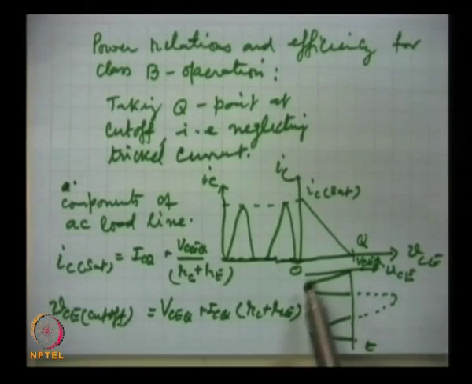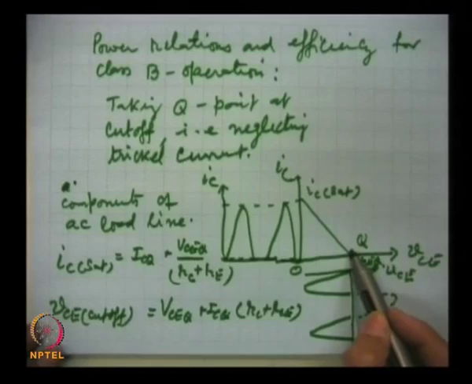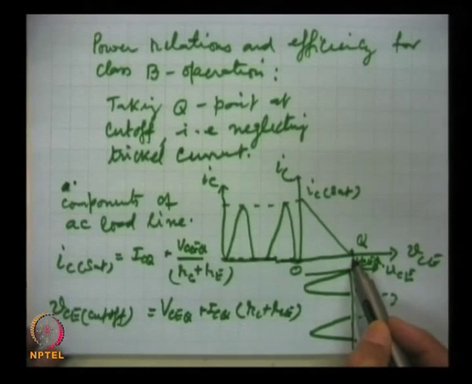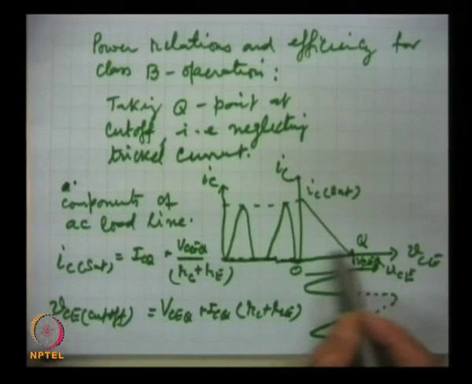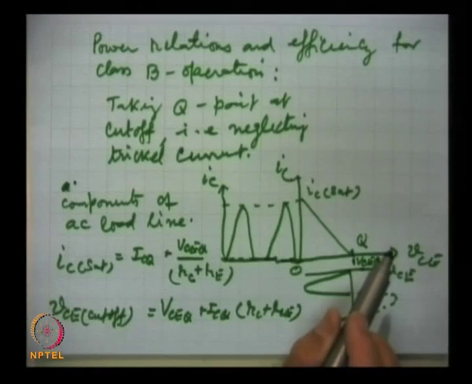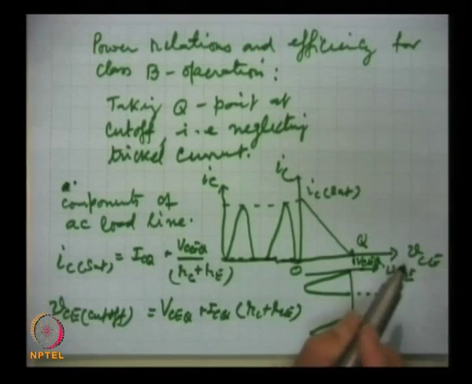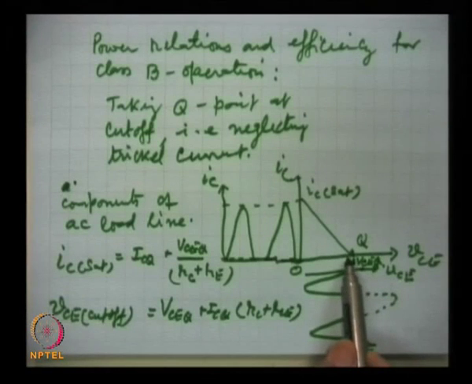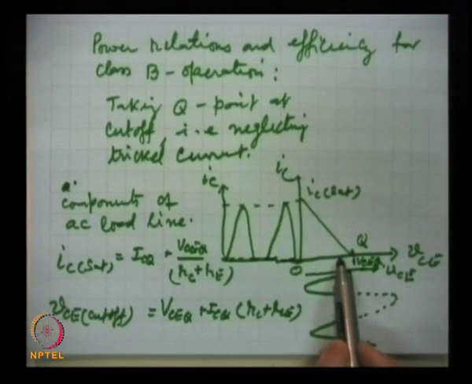In this present case, because the operating point we have taken at cutoff, and that small trickle current we have neglected for the simplicity of the analysis, ICQ we are taking as 0.